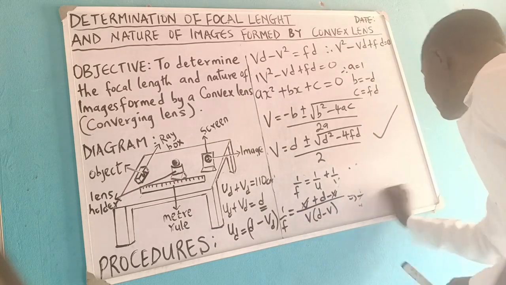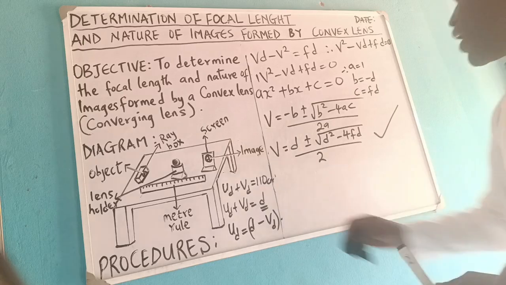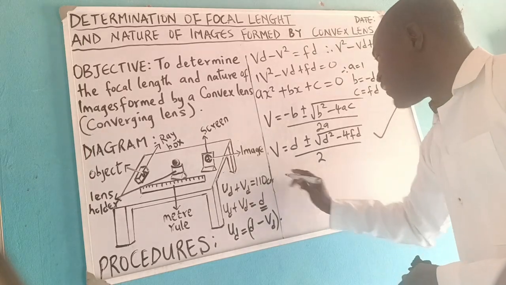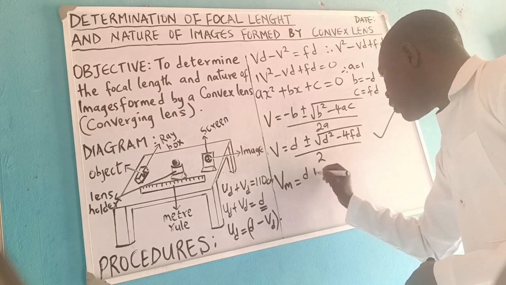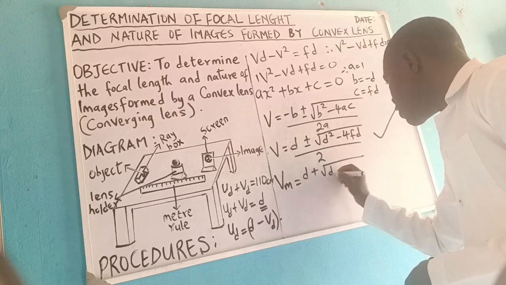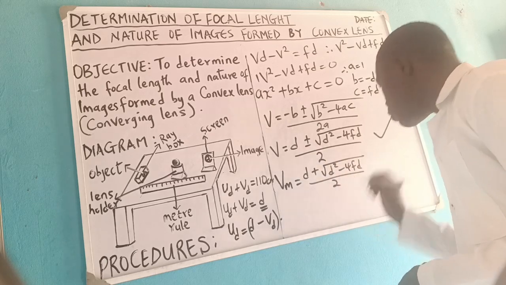Watch what we are saying. We will be having two values of our image. The magnified one, v magnified, equals d plus the square root of d squared minus 4fd all over 2.